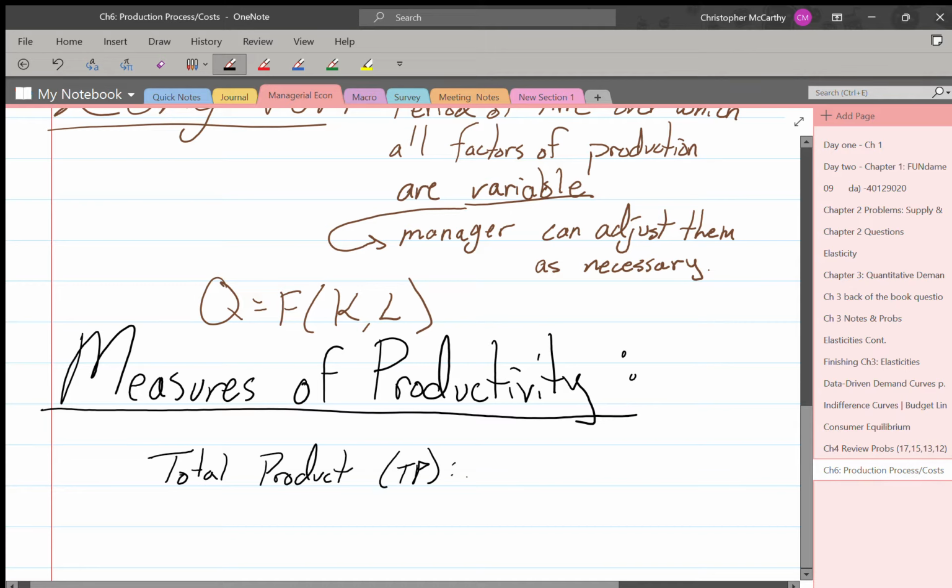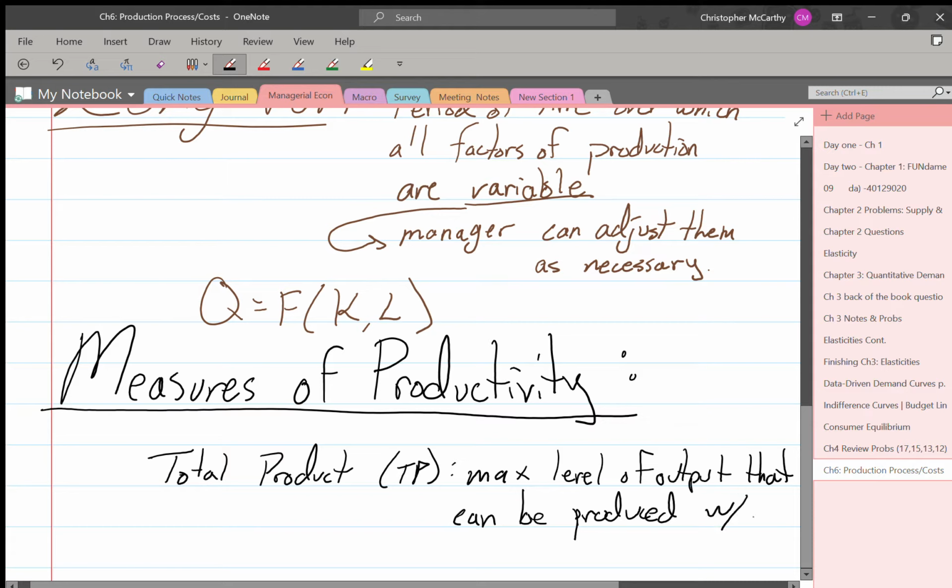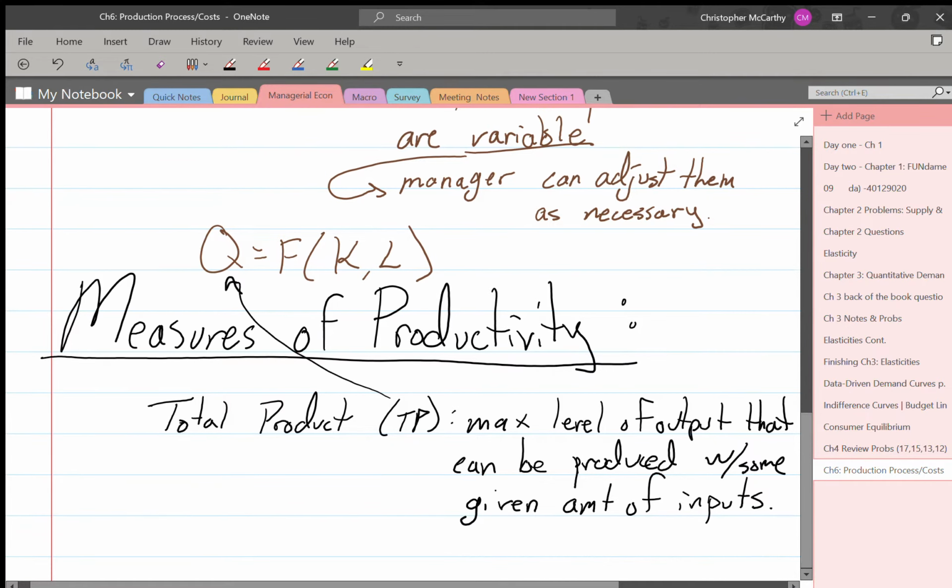This is the maximum level of output that can be produced with some given amount of inputs. So it's just that Q number. Total product is that Q. Simple as that.